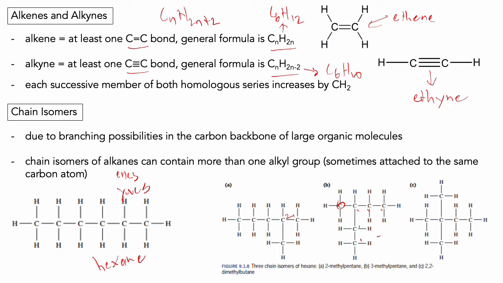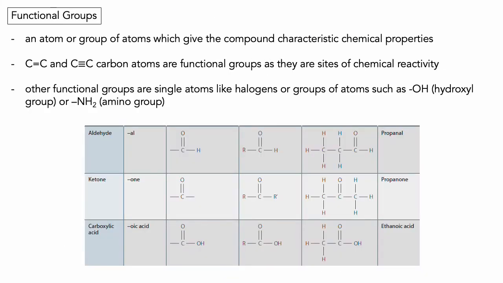And on the right we have 2 methyl groups attached to the second carbon, so we have 2,2-dimethylbutane. So there are just some examples of different ways you can arrange the backbone structure of hexane. So chain isomers are just different ways of structuring that carbon backbone.